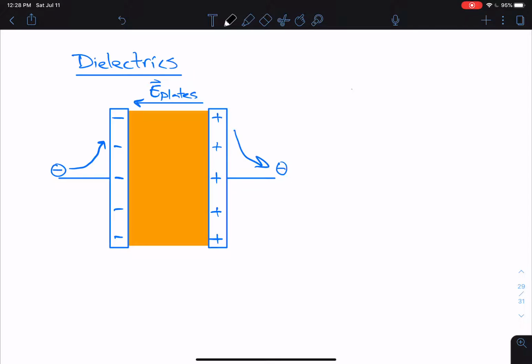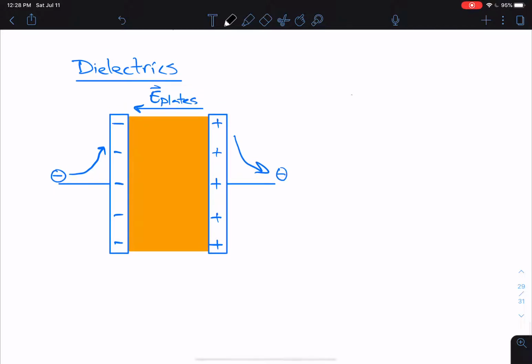And so that's going to cause the atoms to become polarized. That is, here the protons and the electrons are going to react. So the protons here where I've drawn, they're attracted to the negative plate, whereas the electrons are repelled. But of course, they're still bound, and so the atom has essentially reoriented itself and become polarized.